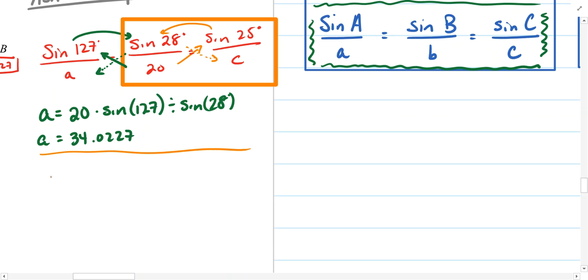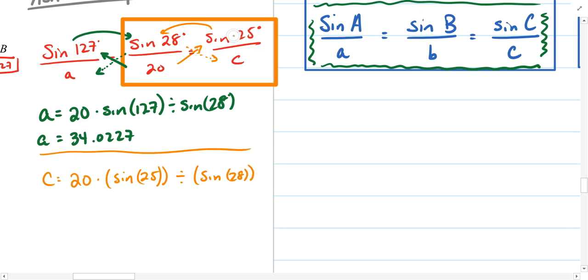And so one thing I want to make really clear here is that the number 20, of course, is a single value. But what students tend to forget is that sine of 25 degrees must be evaluated in order for us to get a number there. Sine of 25 degrees is a number. So we execute that, and now we're essentially multiplying 20 times some other number and then dividing by some other number, in this case sine of 28 degrees.